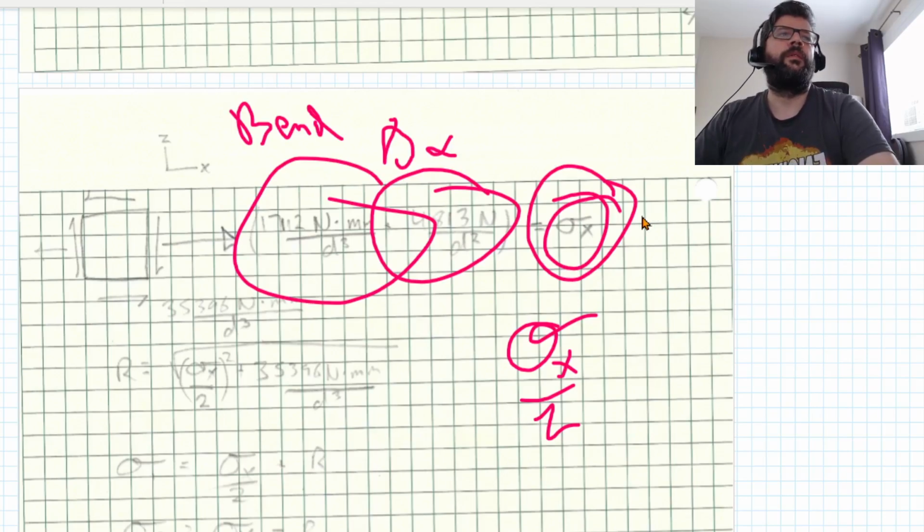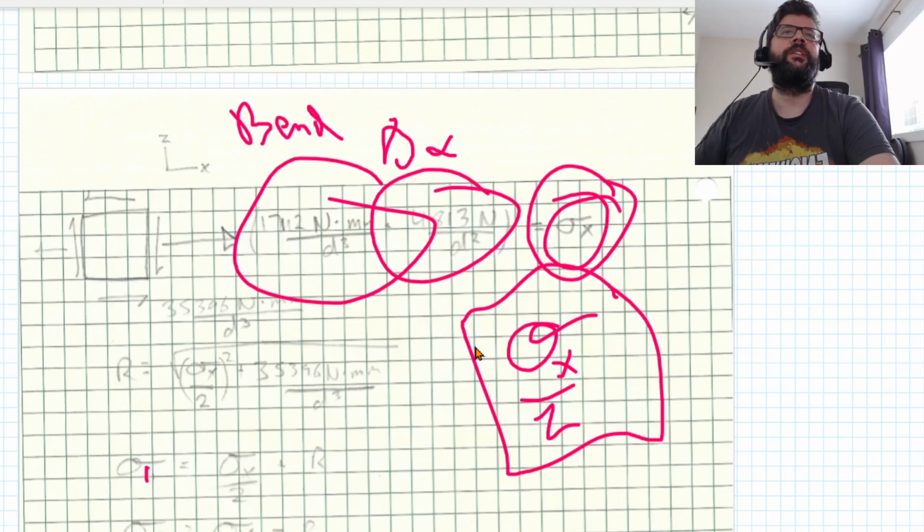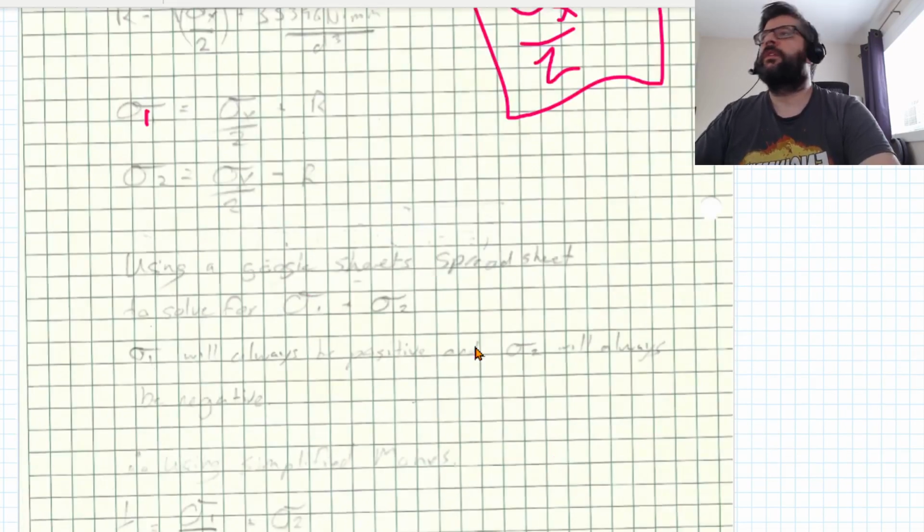The radius is sigma x over 2 squared plus the value for the shear stress. Then sigma 1 is equal to sigma x over 2 plus r. Sigma 2 is equal to sigma x over 2 minus r.